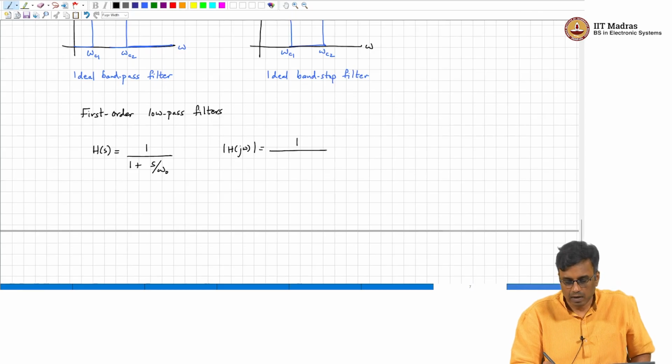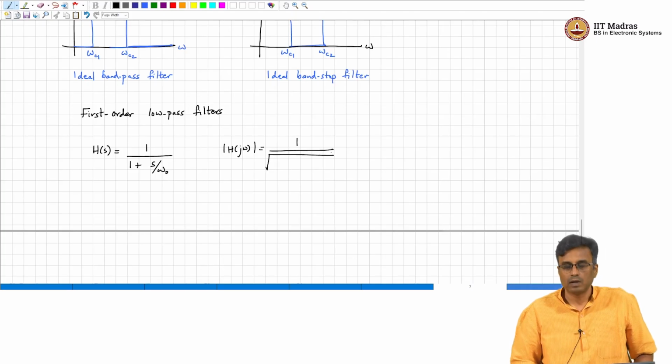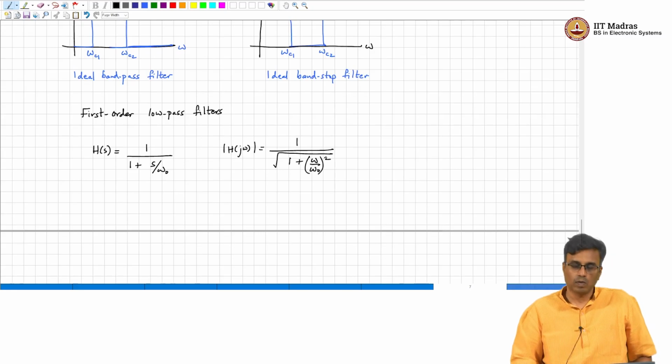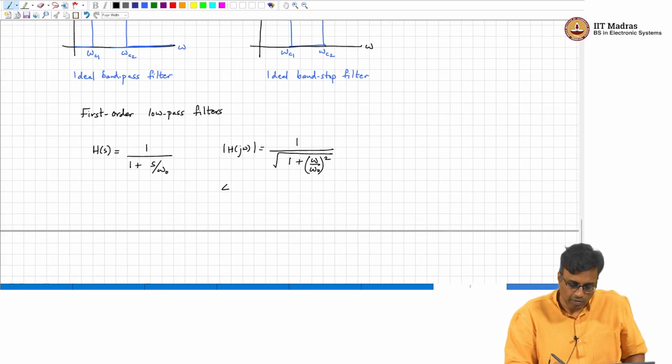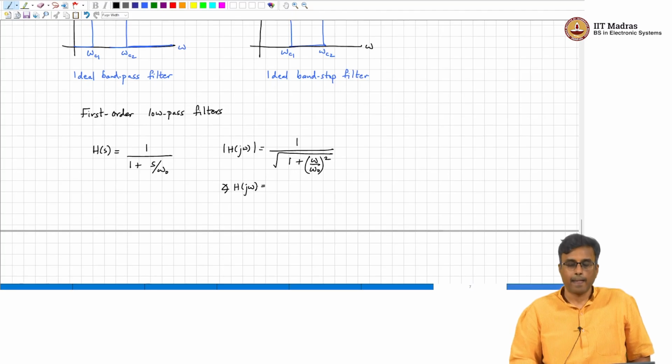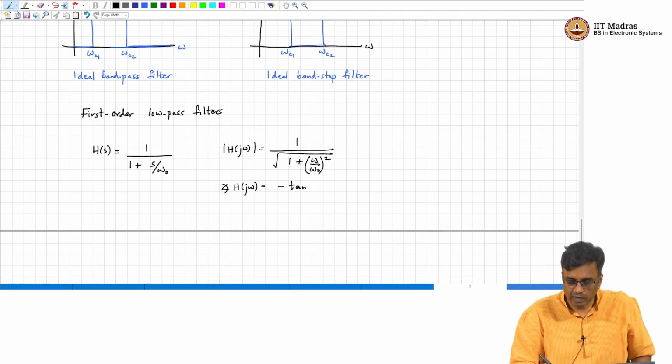One by the magnitude of one plus omega over omega naught, whole square root. And what about the phase? Minus tan inverse omega over omega naught.